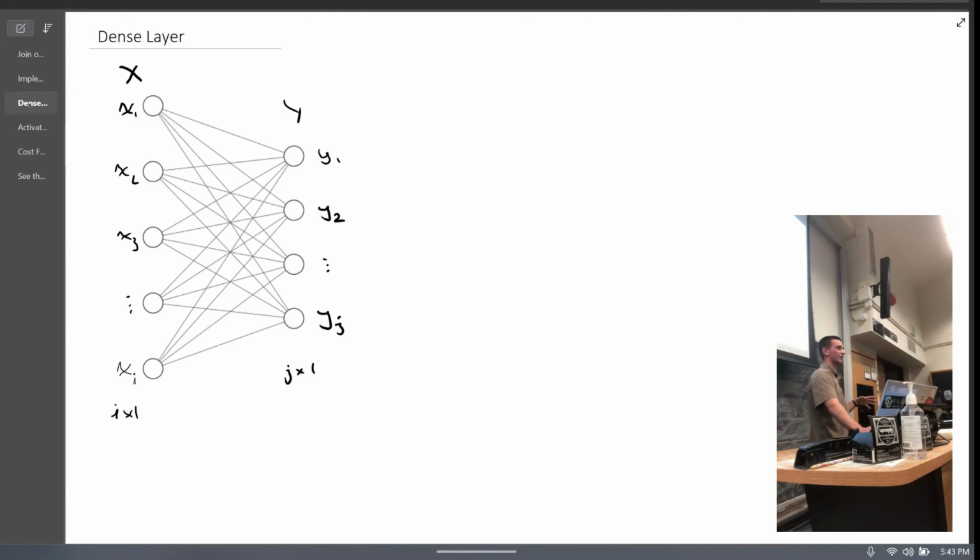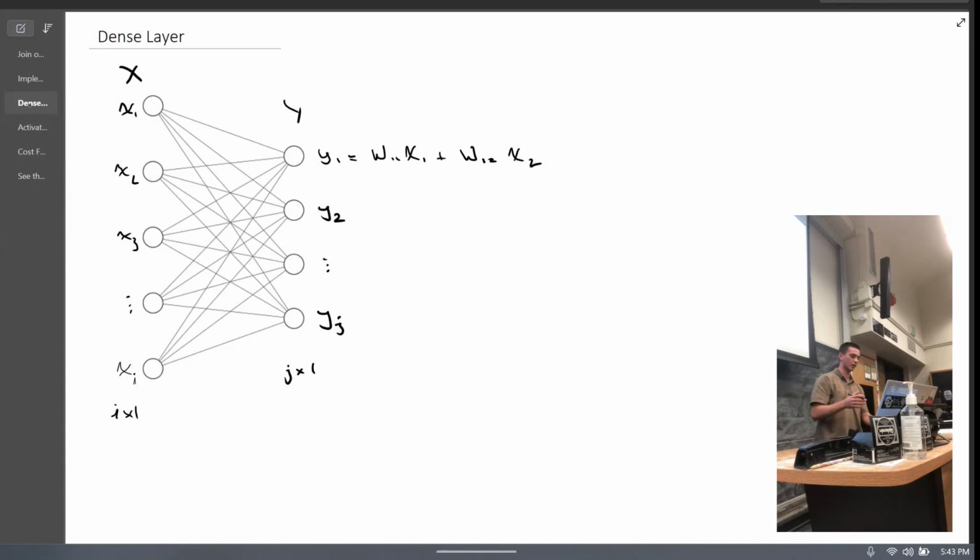Now what are all these funky lines between the neurons? Those represent our weights. Every single y is a linear combination of all the x's from the previous layer. For example, y1 is going to be equal to some weight times x1 plus some weight times x2.